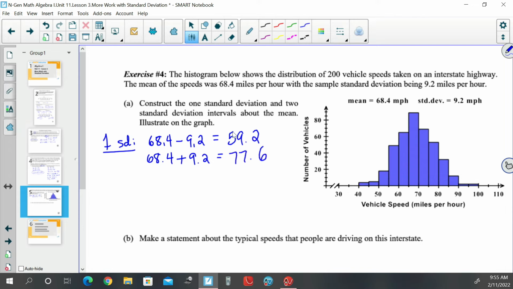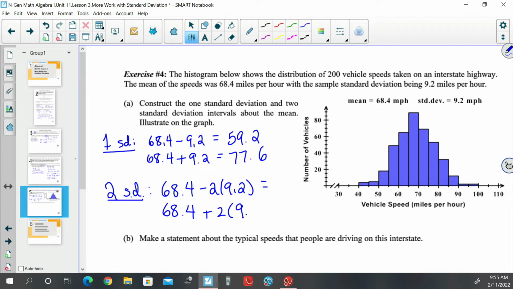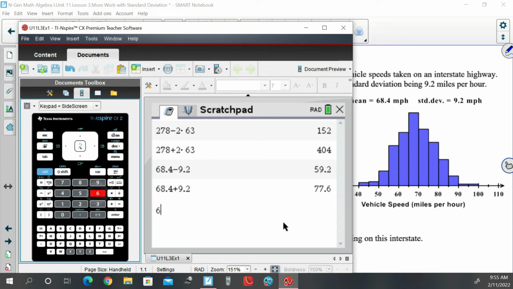All right, and then for the 2 standard deviation interval, we'll have 68.4 minus 2 times 9.2 and 68.4 plus 2 times 9.2. Very similar.